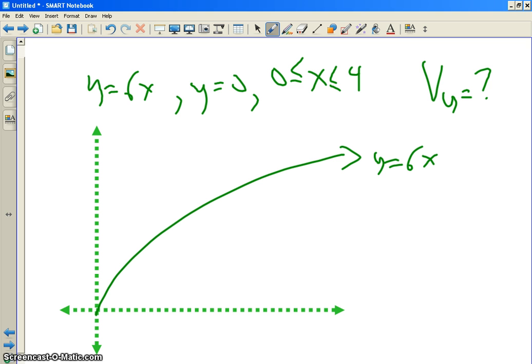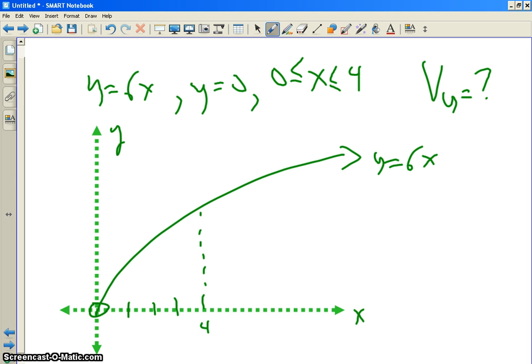Y equals rad x, right? From 0 to 4 in x. So I'm talking about the region bounded by the curve and the x-axis from 0 to 4, this region. But what if I revolve this about the y-axis?